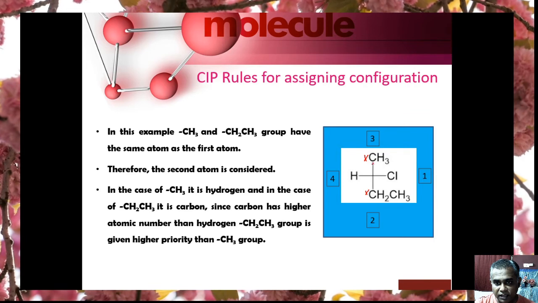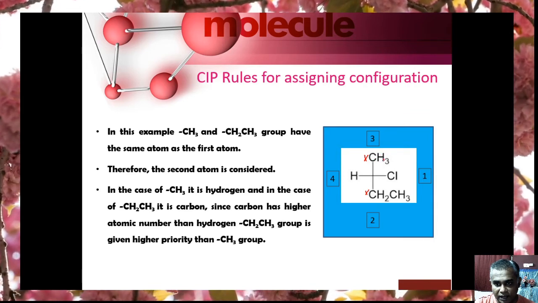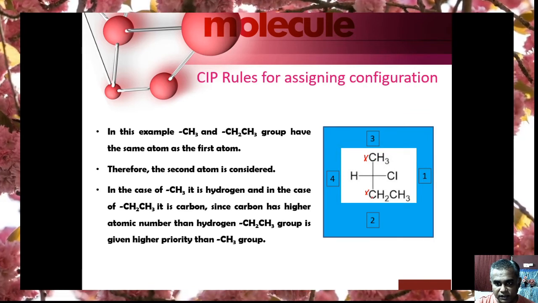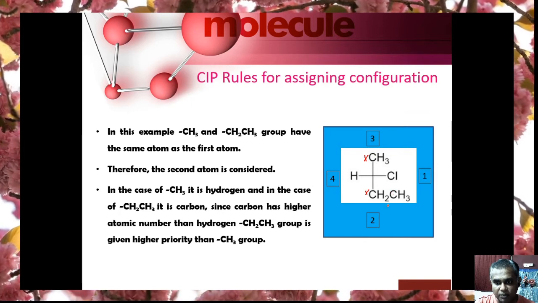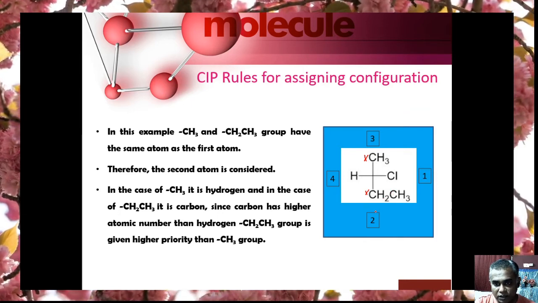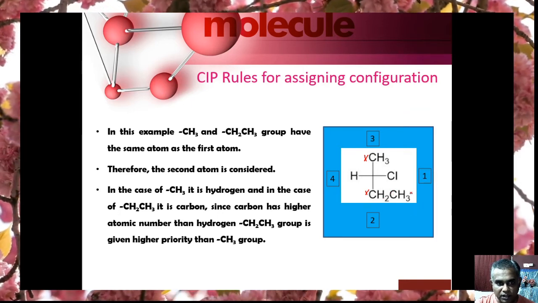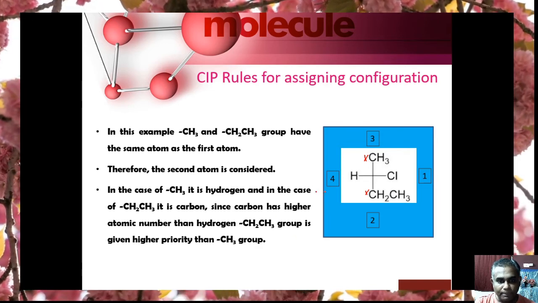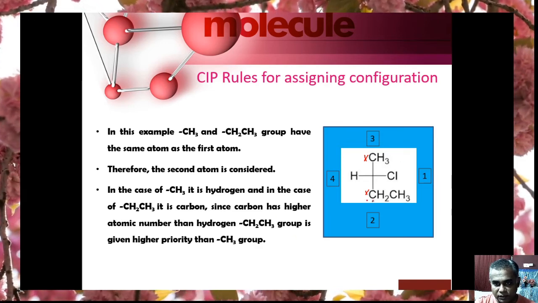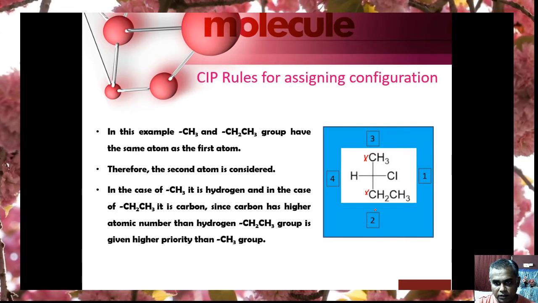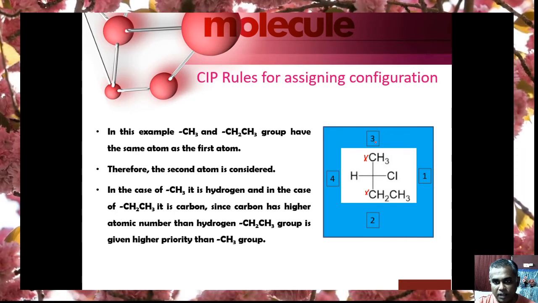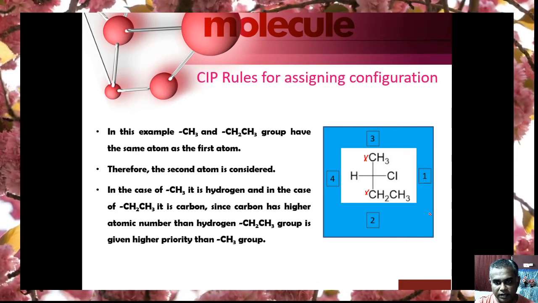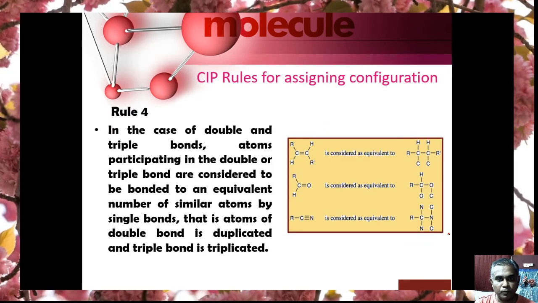In the case of this carbon, it is connected with hydrogen, whereas in the case of this carbon, it is connected with another carbon and hydrogen. Therefore, this particular ethyl group gets the higher priority. So in this case it is very obvious: chlorine gets number 1, ethyl group gets number 2, methyl group gets number 3, and hydrogen gets number 4.